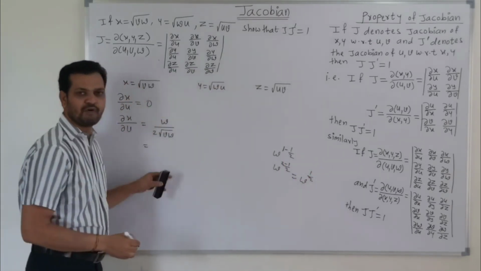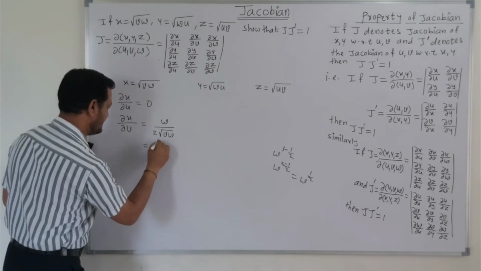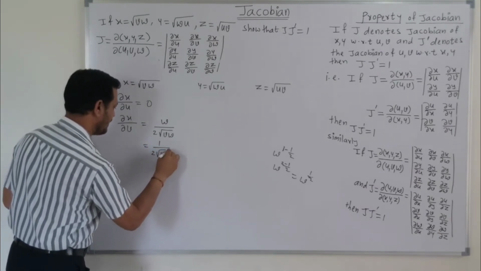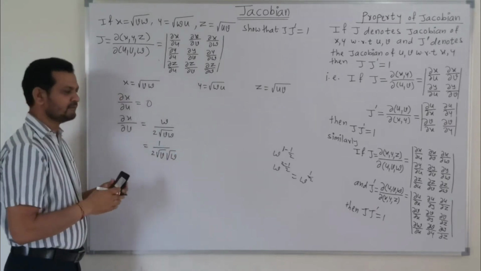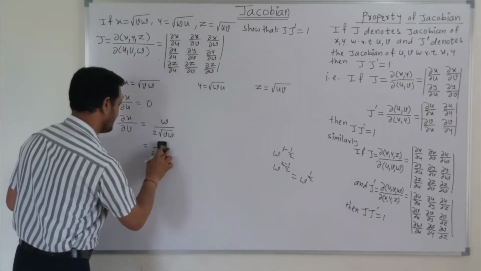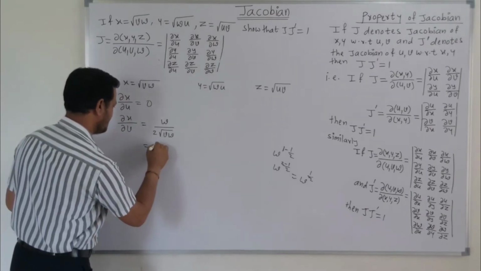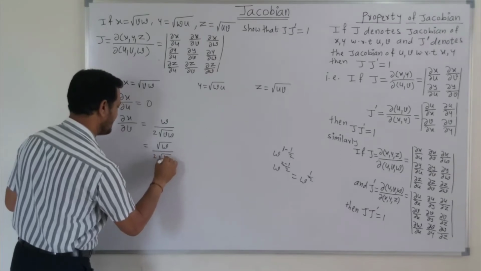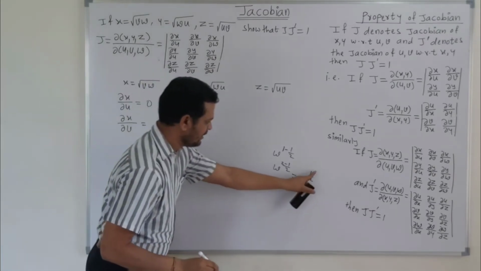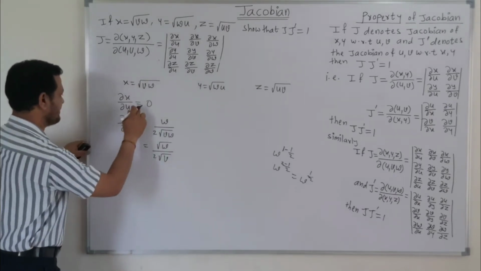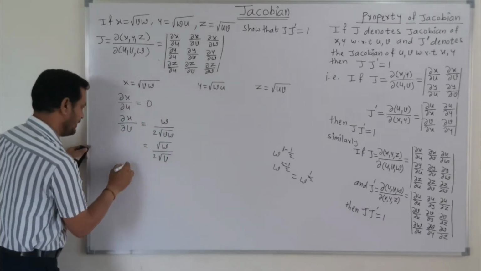So we can write this as 1 upon 2 root of v, root of w. Sorry, this is in the numerator. So root of w upon 2 times root of v. The power of this term is positive, that's why we write it in the numerator. So this is the partial derivative of x with respect to v.